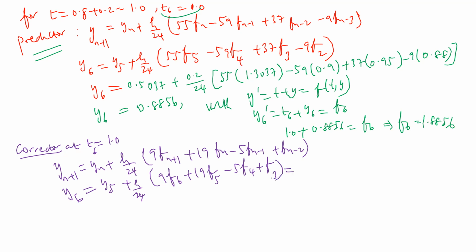Okay, so we continue and do this. Let's see now. What is Y5? The Y5 obviously was obtained before. And Y5 was obtained from where? Our Y5 was obtained here as well.